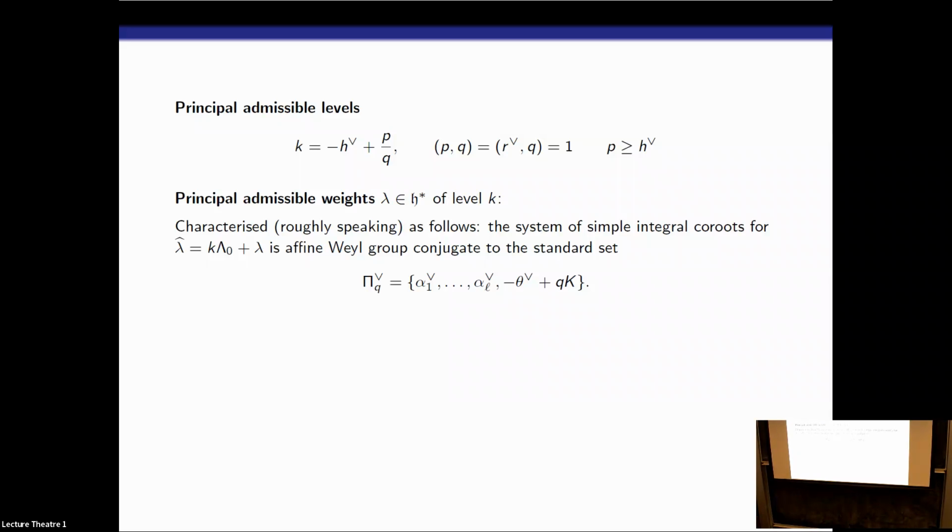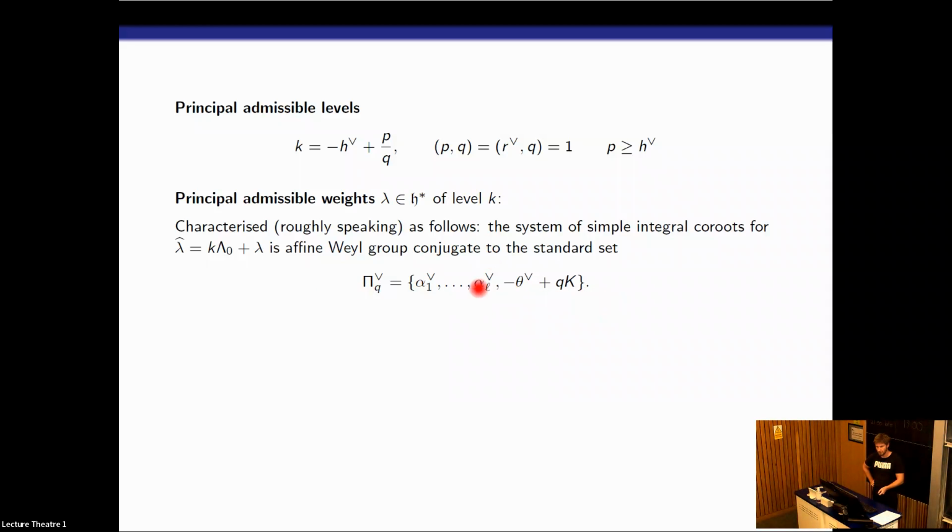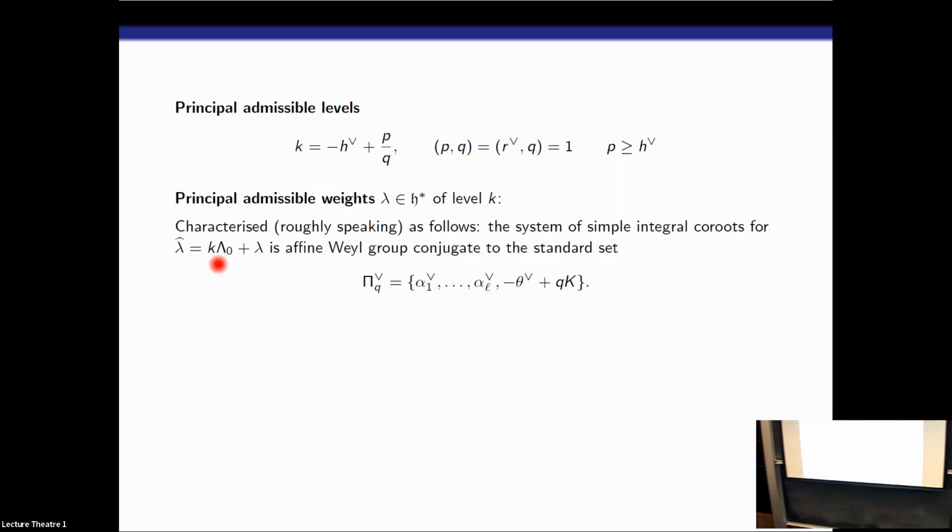Well, if you look at K lambda 0, the affine weight of level K itself, its integral co-root system has a set of simple co-roots given by this formula here. Since there's no finite part to the weight K lambda 0, you get all the finite co-roots.